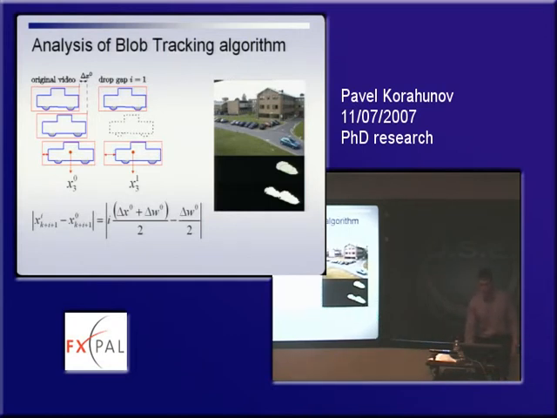We don't compare with the ideal case where there is no error. We compare frames with a drop pattern against frames without a drop pattern, so 30 frames per second compared to something with the drop pattern applied.